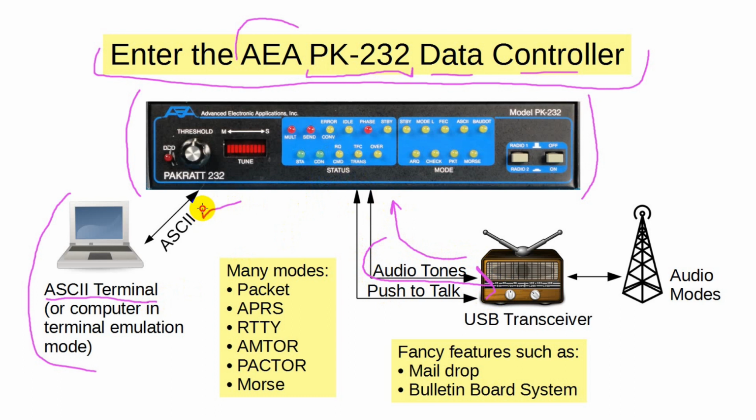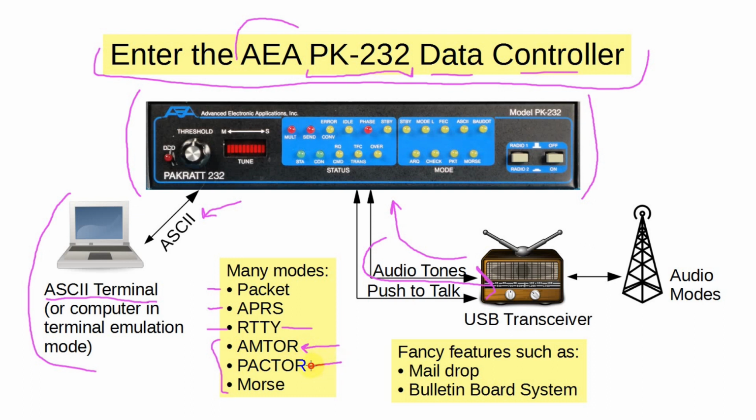The PK232 did packet radio, but also had several other modes. It was an early implementation of APRS, the Automatic Position Reporting System, still in use today. It also did RTTY using AFSK, but it also included some additional modes designed just for HF. AmTOR was an amateur version of SitOR, an error-free communications method used by ships at sea and other point-to-point services.